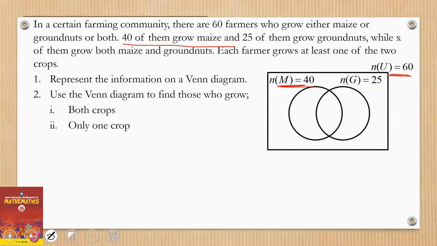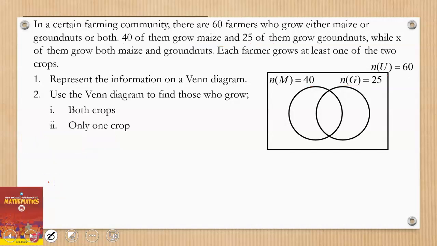And the number of those who grow groundnut is 25. So n of G, letting G represent the groundnut, also becomes 25. Like I said, you need to write all this down by saying maybe let U be the universal set, which is equal to 60, and so on and so forth.